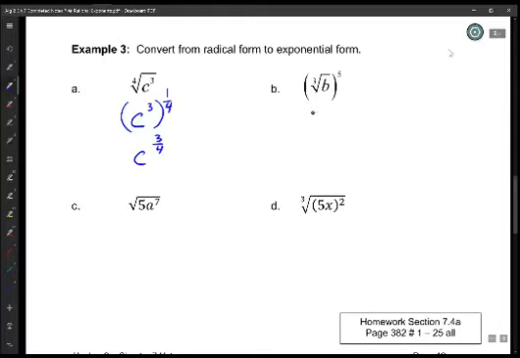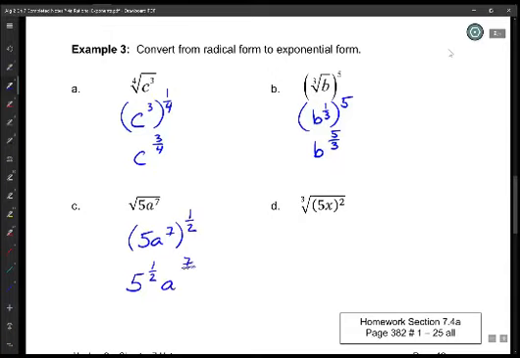Here we have b to the 1/3 raised to the 5th, or b to the 5/3. Here we have 5a to the 7th all being taken as a square root. So that's 5a to the 7th raised to the 1/2. So that's 5 to the 1/2 times a to the 7/2.